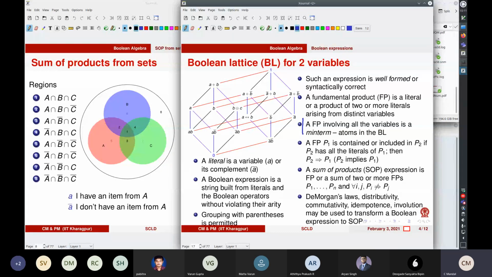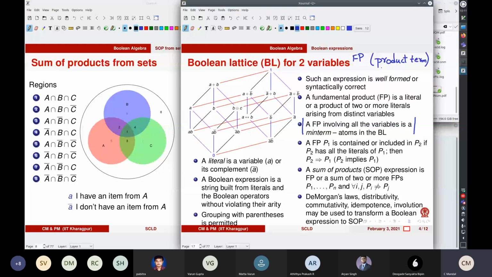A fundamental product, or often we just call it a product, or for short you can just call it a product. It's often called a product term. People usually don't use the term fundamental product. That's a more formal term.